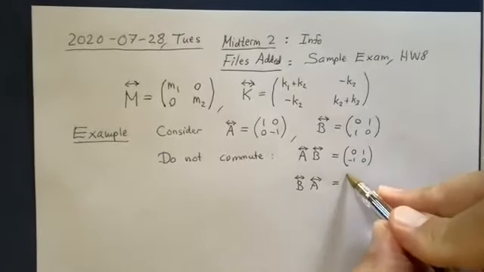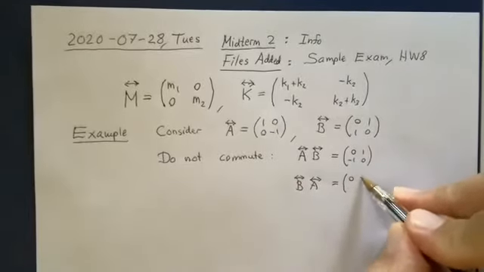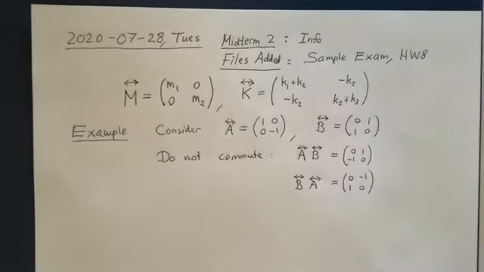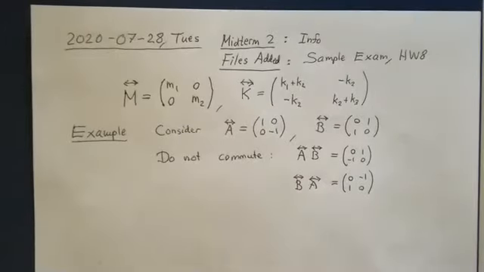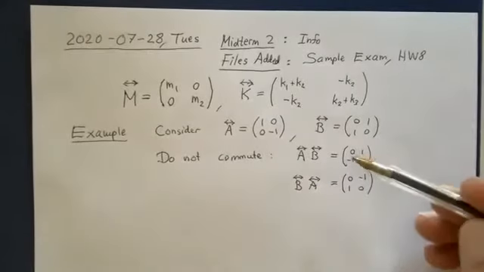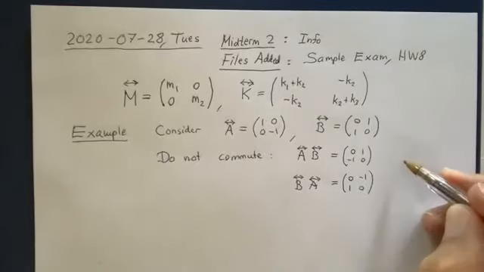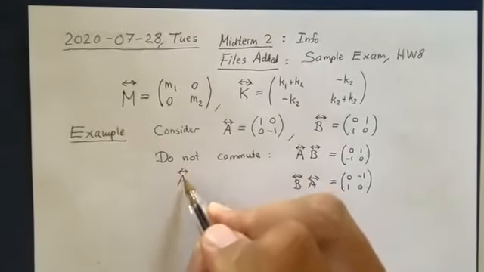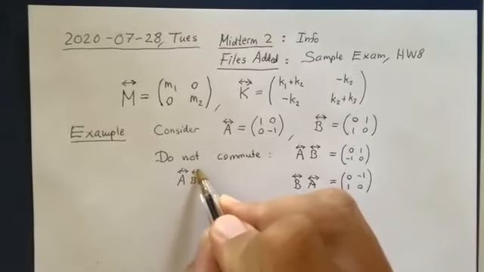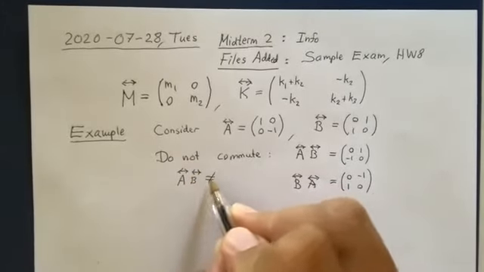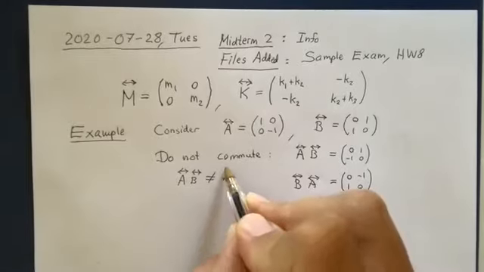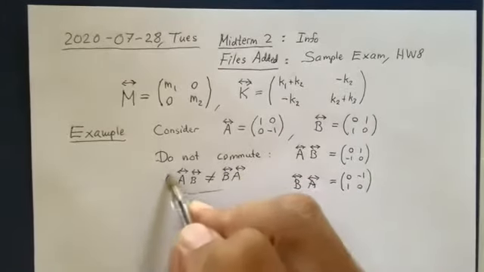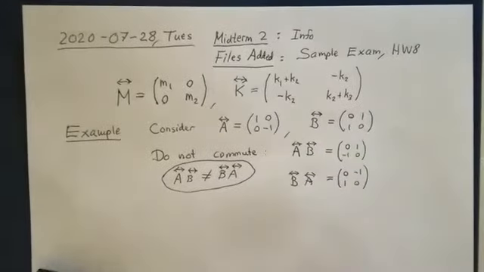Again, a moment's thought will tell you B times A. Okay. So for us, the important thing right now is that these two are different. So the way to really express that is A times B, the resulting object is a matrix, is not equal to B times A. That's the important thing here.